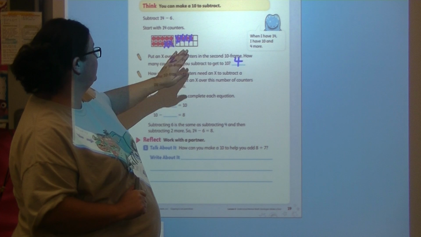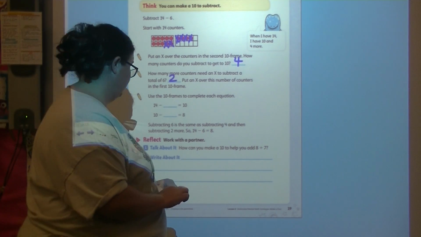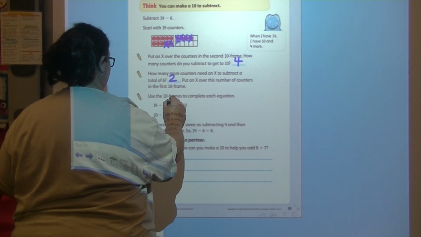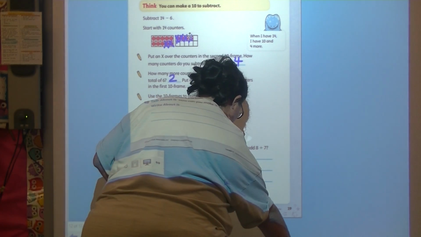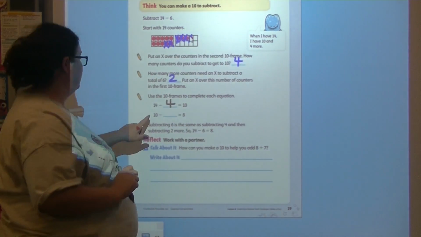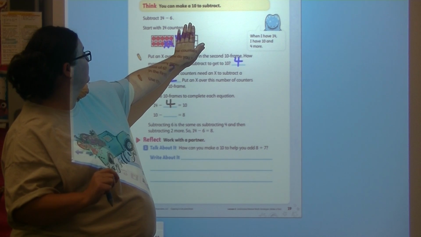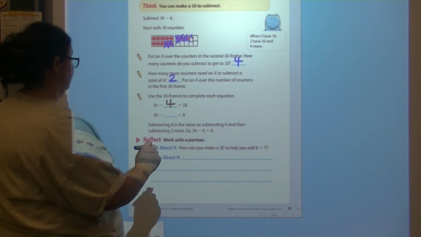When we made it to 10, what did we subtract? 4. Now, 10 minus what gives us 8? 2.